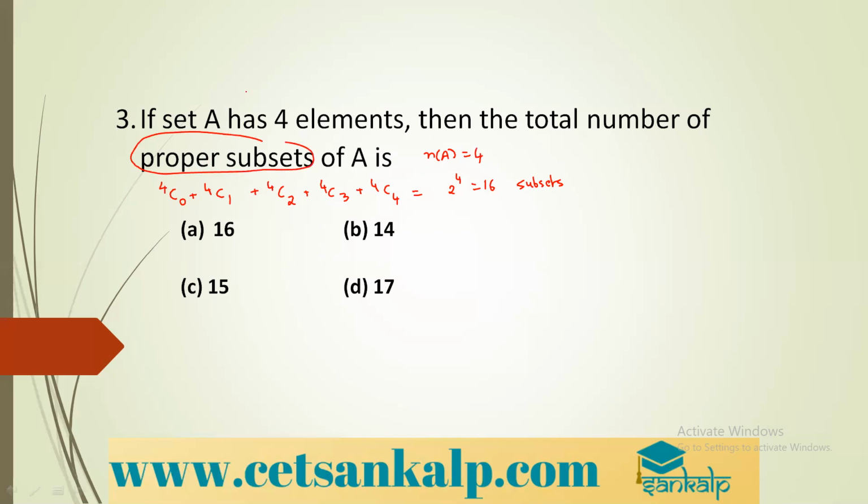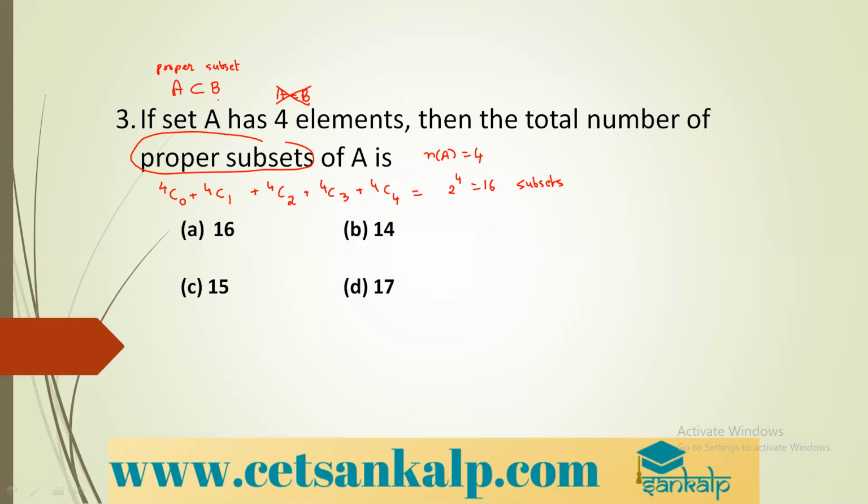But they are asking for proper subset. What is meant by proper subset? A is proper subset of B. That means you should not take A as B. Don't take A equal to B. This is proper subset. I told you the definition of proper subset.